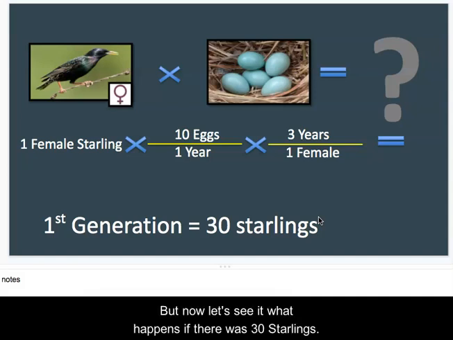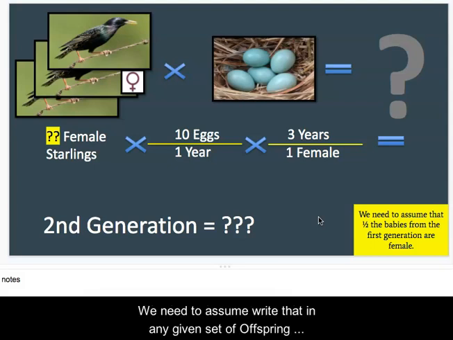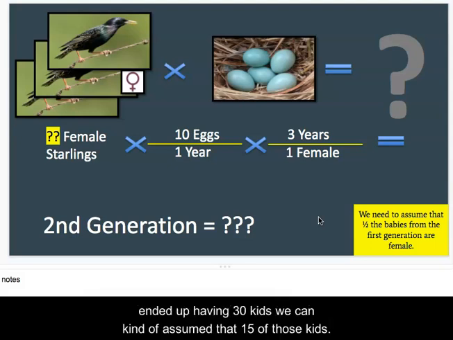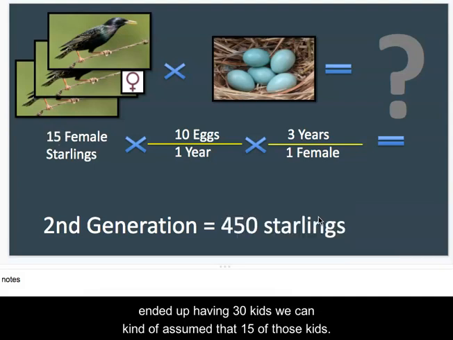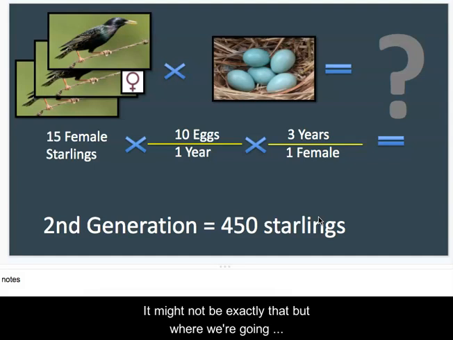But now, let's see what happens if those 30 starlings, that first generation, go on to have offspring. We need to assume that in any given set of offspring, half are male and half are female. So if that first starling ended up having 30 kids, we can assume that 15 of those kids were females. It might not be exactly that, but we're going hypothetical here.